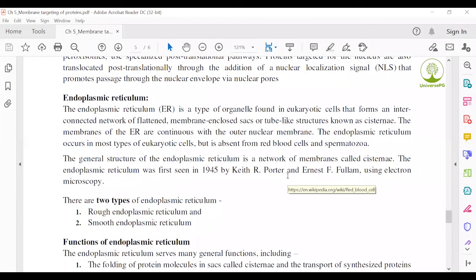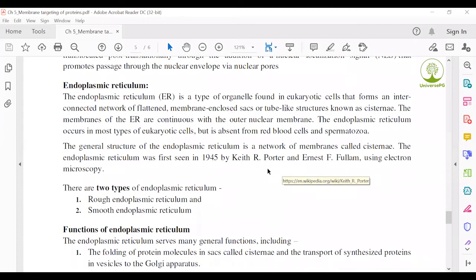Endoplasmic reticulum. Endoplasmic reticulums are a type of organelle.